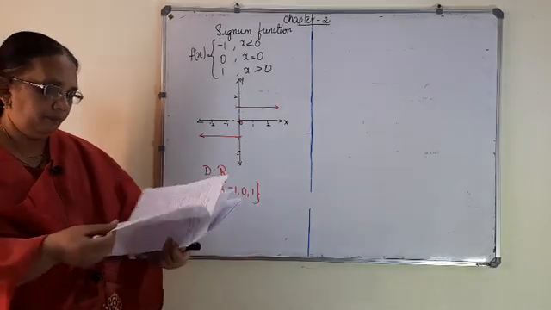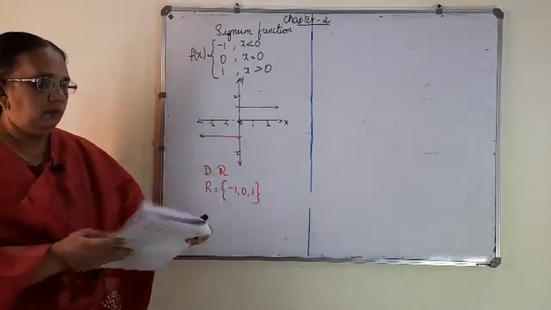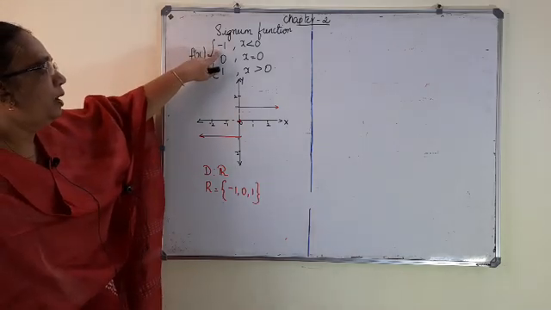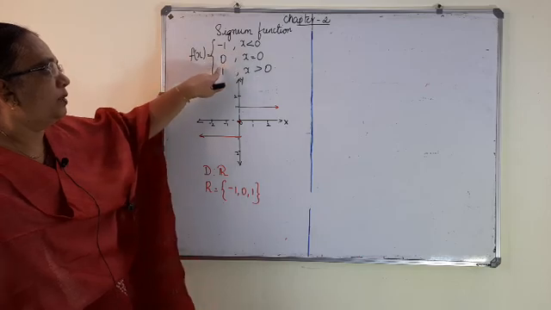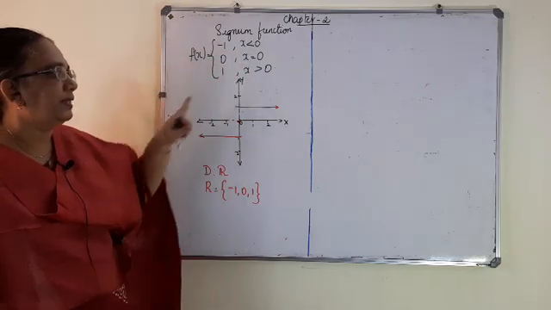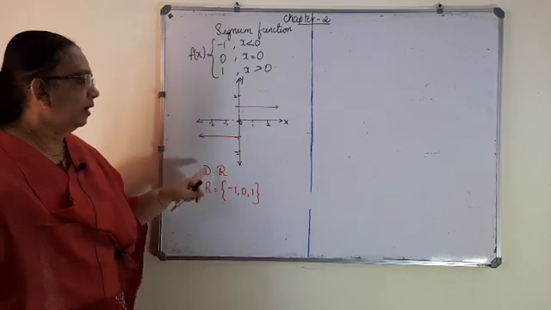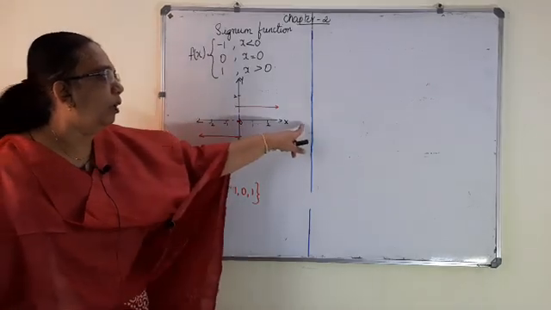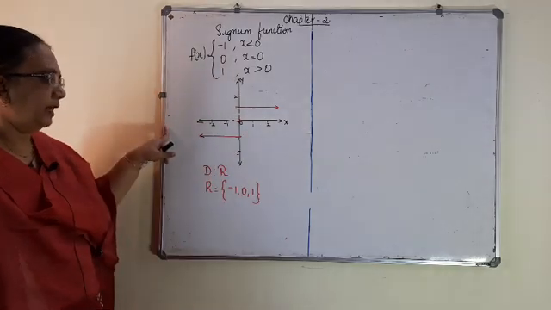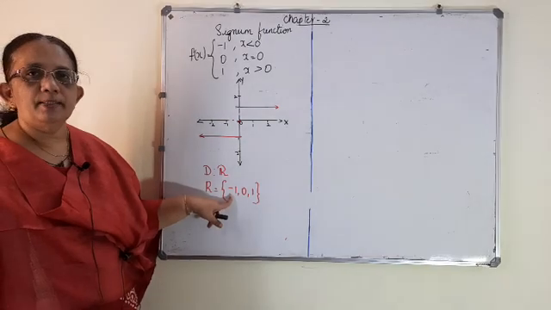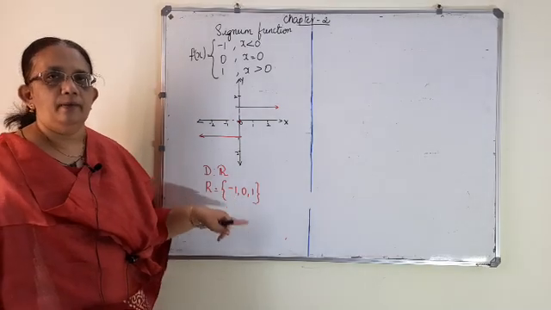How is it defined? The signum function is equal to minus 1 if x is less than 0, 0 if x is equal to 0, 1 if x is greater than 0. And this is the graph. The domain is the set of all real numbers, x can take all real values. The range is minus 1, 0 and 1.